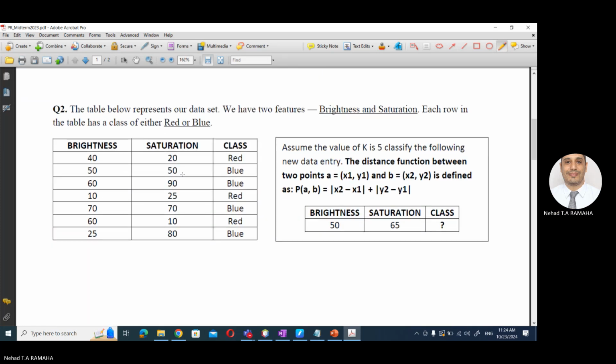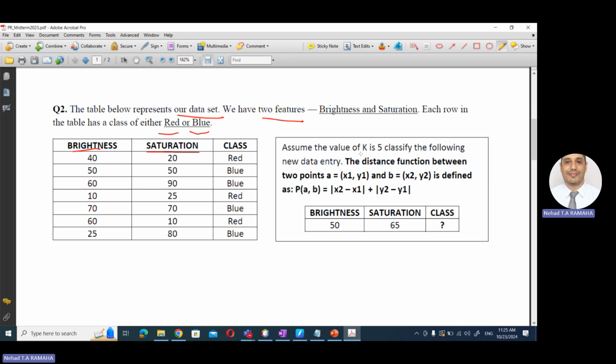Here, the table below has our data set. We have 2 features, okay? Brightness, saturation. Each row in the table has a class of either red or blue.